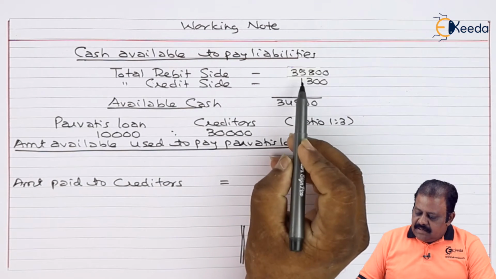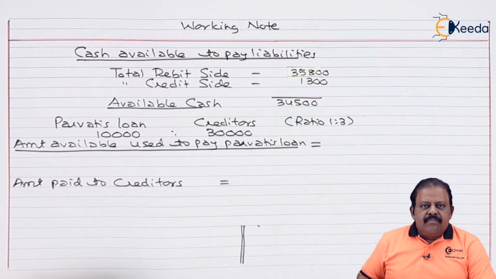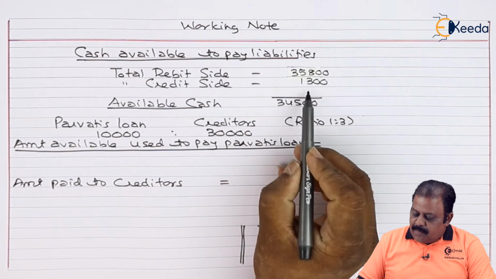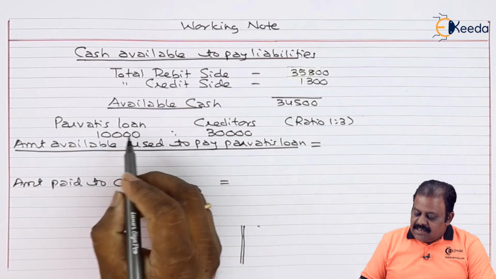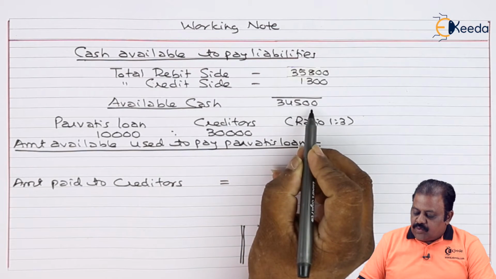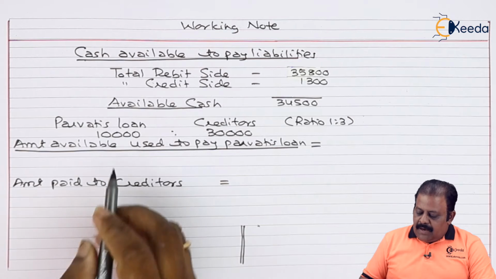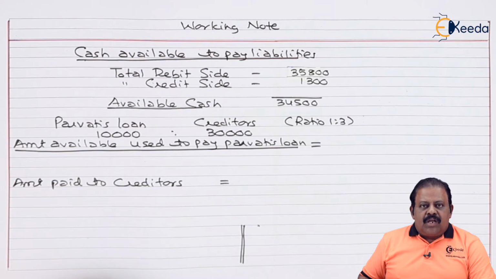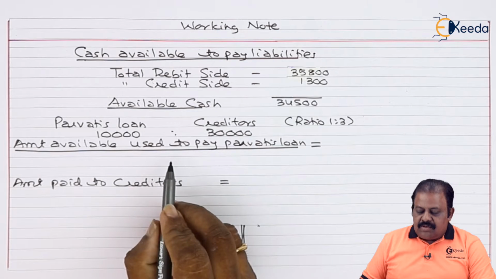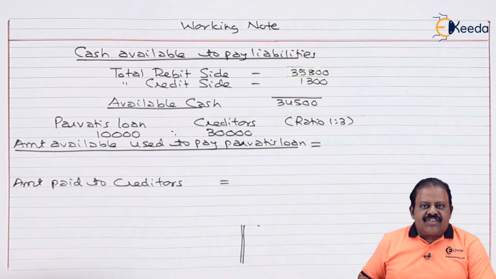Total of debit side 35,800, credit side of cash bank account 1,300. After deducting, the available cash we get is 34,500. Parvati's loan is 10,000, creditors are 30,000. Total amount we are required to pay is 40,000, but there is no sufficient cash.